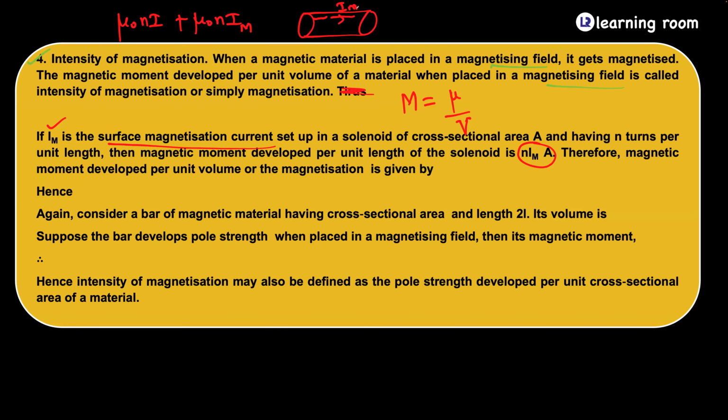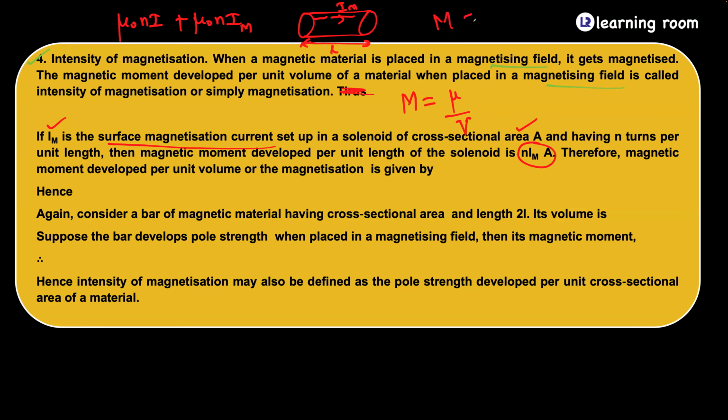See, listen to this. If IM is a surface magnetization current set up in a solenoid of cross-sectional area A, and let's say the length of it is L. So what is going to be the formula for magnetization in terms of these values?